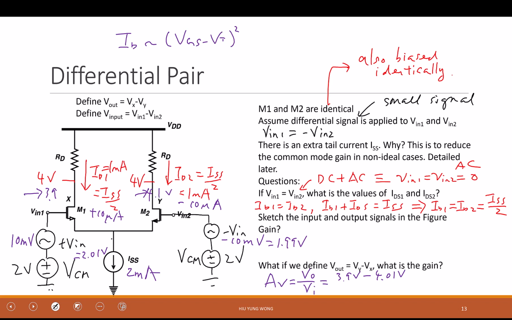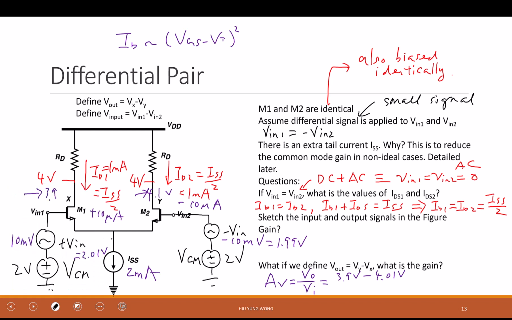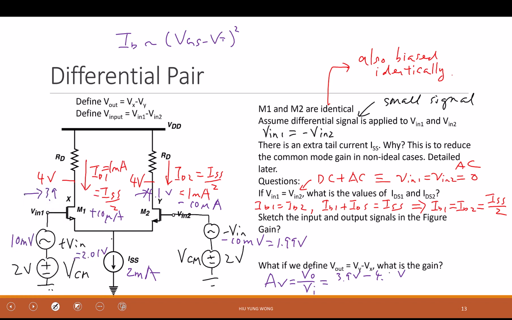So this is 4.1. And what is the input? By definition, what is the input for this differential amplifier, this differential pair? 20 millivolts, okay?